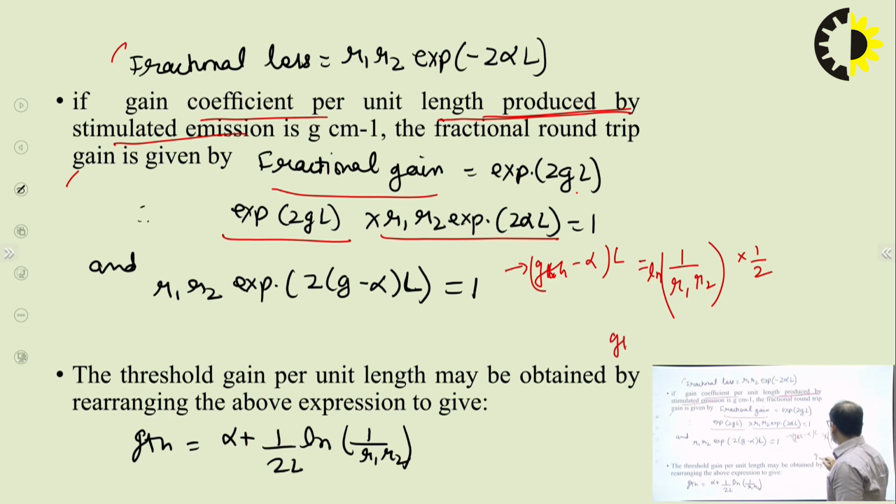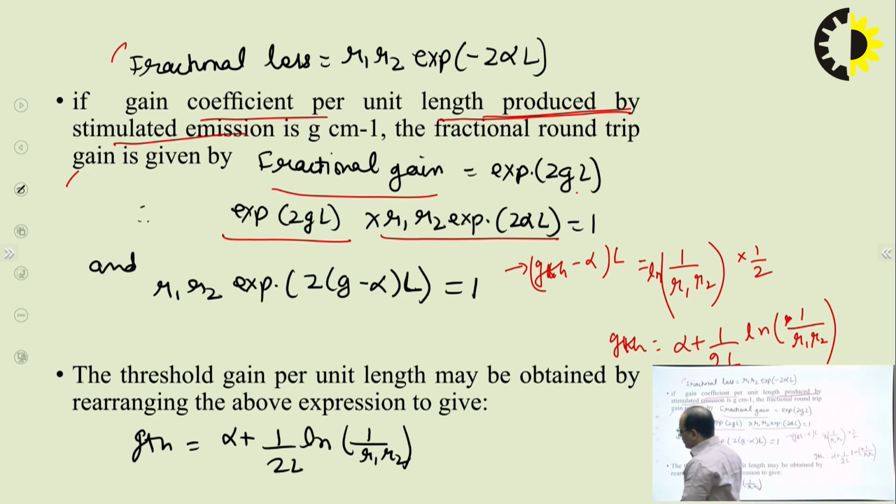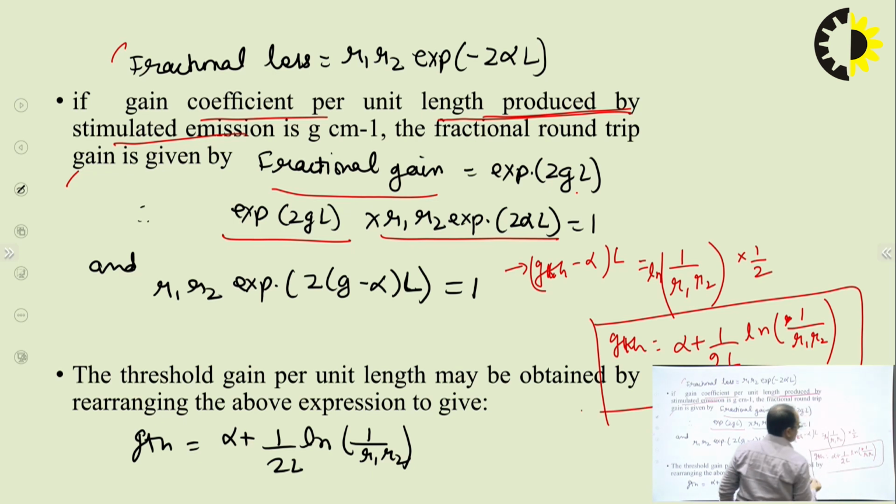So G_th will be equal to what? On simplifying we get alpha plus 1 upon 2L natural log of 1 upon R1 R2. Clear? So this is the threshold gain to be achieved by the photon so that it gets out of the cavity and produces the laser oscillations. This should be the minimum gain to produce the laser oscillations.